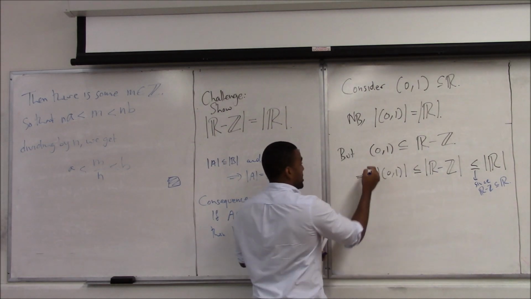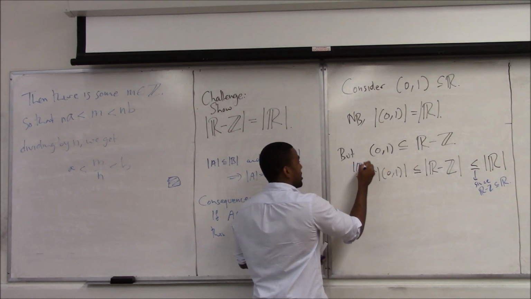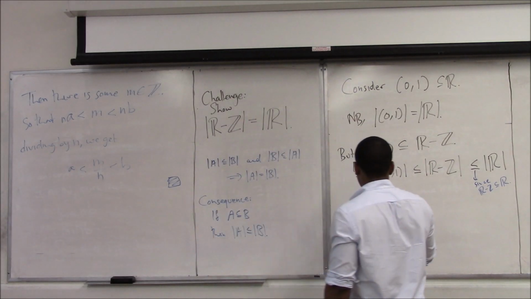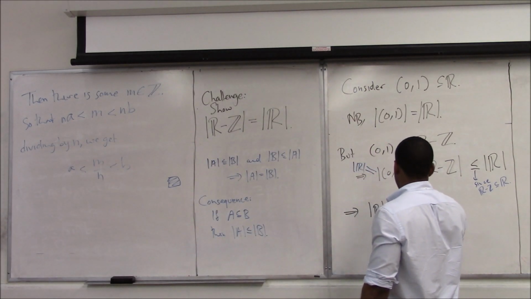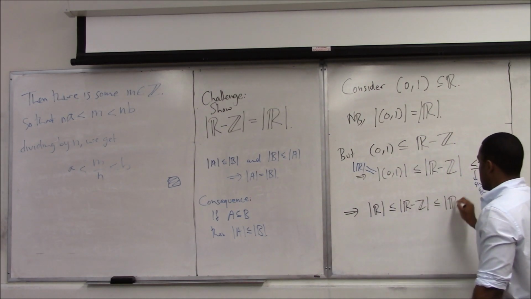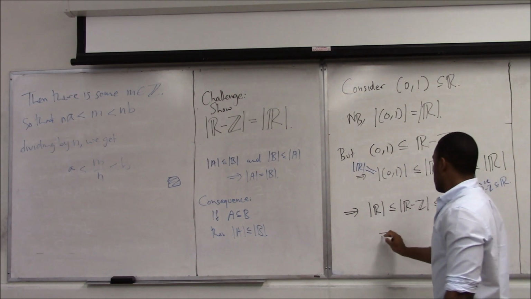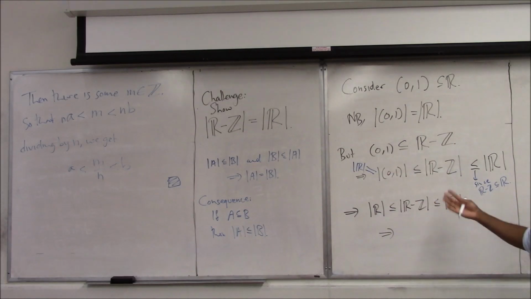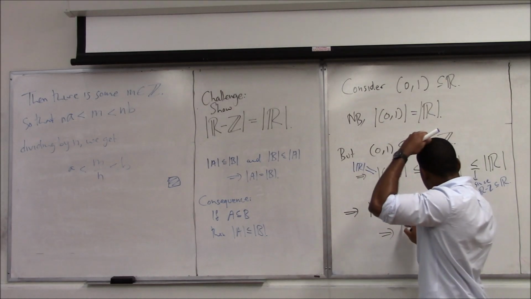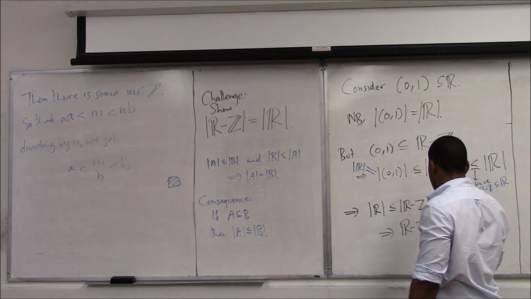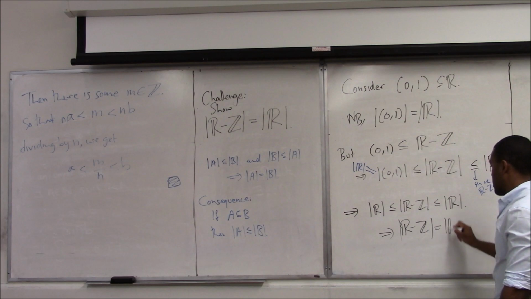But this we know is actually equal to that. So the size of R is less than or equal to the size of this, which is less than or equal to the size of this. Then you apply, well, normally we would say the squeeze theorem, but we could actually apply the field axioms here. That means that R minus Z is the same size.